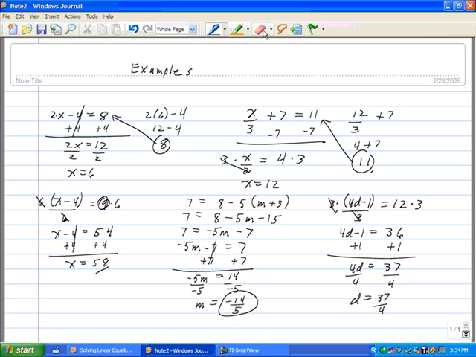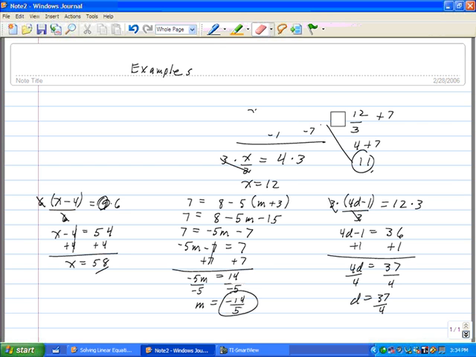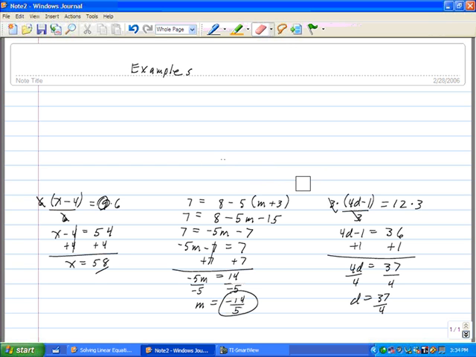Now, I want to go on to look at some fractional problems where we actually have more than one denominator to deal with. It's easy to cancel out a denominator when there's only one of them, and there's really no question what the LCD will be. So, let's take a look at a couple problems where we have a couple of different denominators.